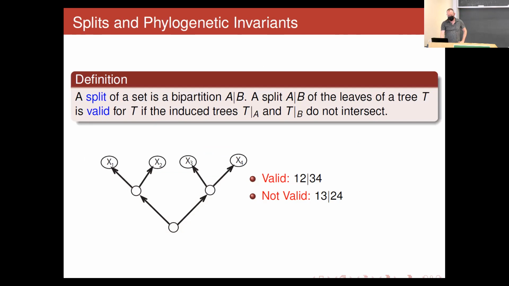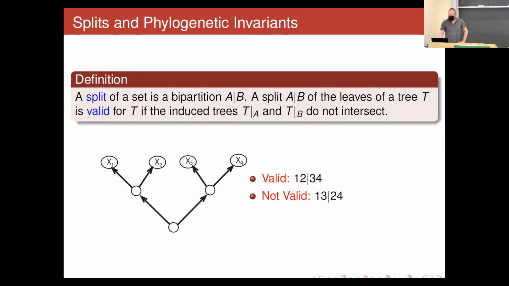So in this tree here, if I rip out either one of these edges, it separates leaves 1 and 2 from leaves 3 and 4. So that gives me a valid split, 1, 2 from 3, 4, in this tree. But this split, 1, 3 from 2, 4, is not valid in the tree because the subtree indexed by 1 and 3 and the subtree indexed by 2 and 4 intersect each other.